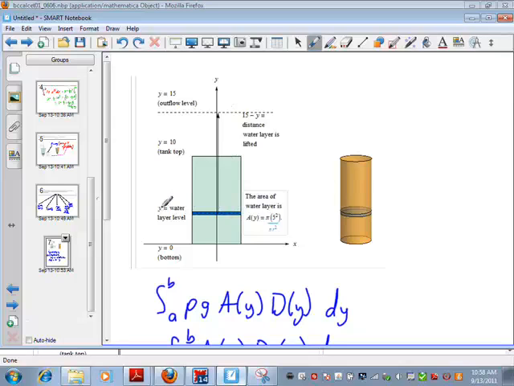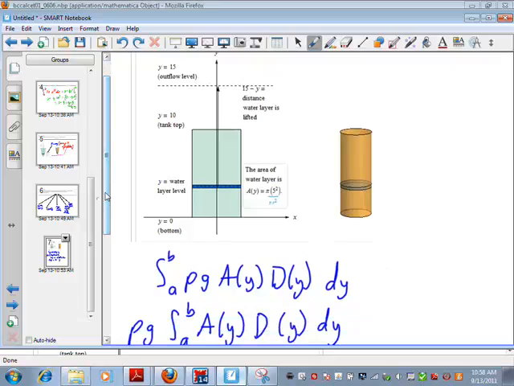So we pick a typical one, at level y, to see what happens in general. We don't know it; we just call it y.